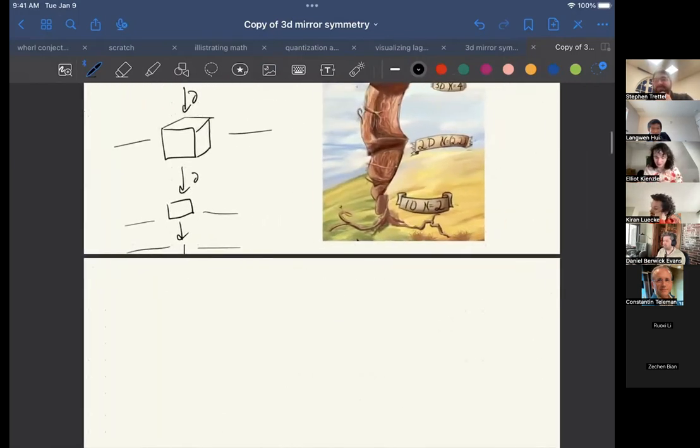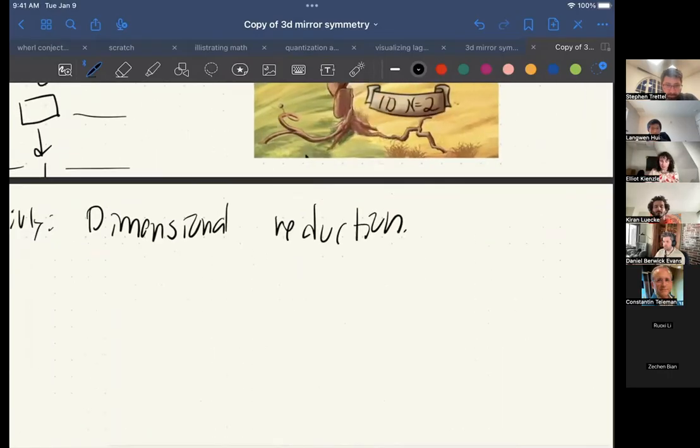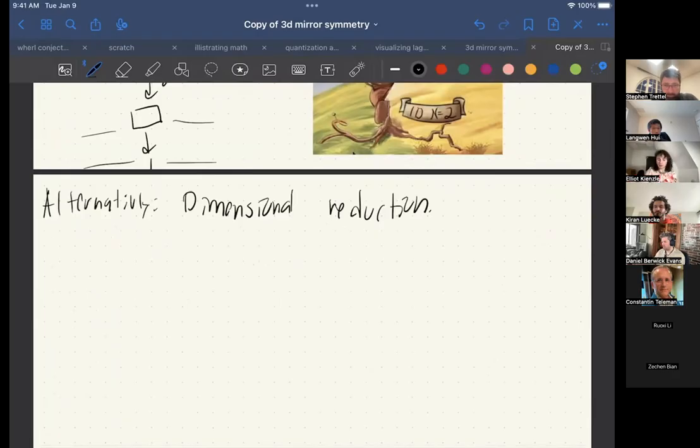Now, there's another way that we could have chosen to reduce the dimension, which is to actually do a dimensional reduction. Okay? And what does that mean? It means that instead of evaluating it on a strip where we need to know what's happening at the top and bottom, what we can do is we can evaluate it on a cylinder. So we have our t-dimensional theory evaluated on a cylinder, and I can think about that cylinder as sort of living over a line.